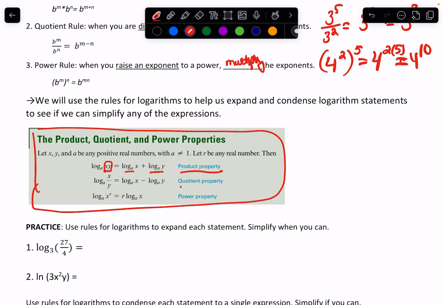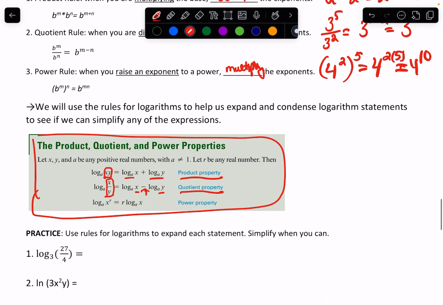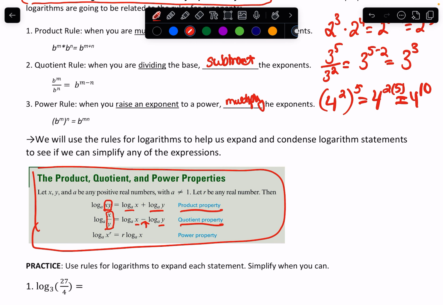Our quotient property says that if the argument has a fraction or division, we can write it with two separate logs with subtracting. Remember, for the quotient rule, we subtracted the exponents. That is why we're subtracting here the logs. We are adding the logs here because for the product rule of the exponents, we added the exponents.